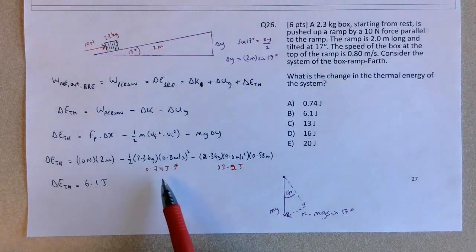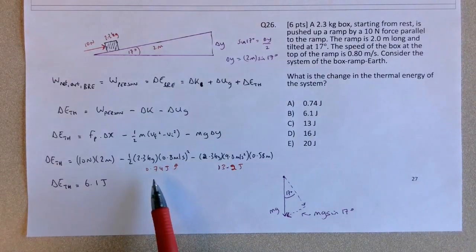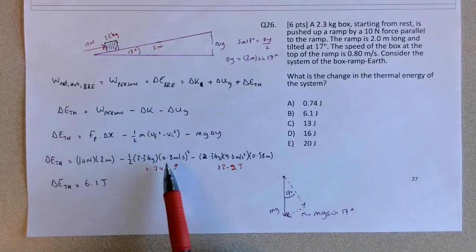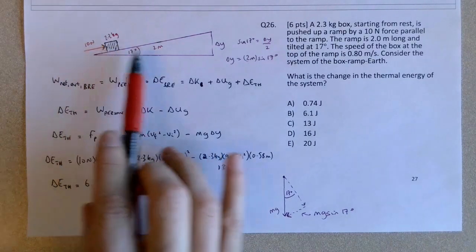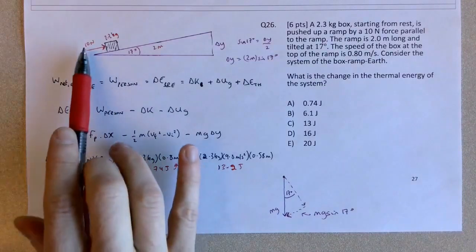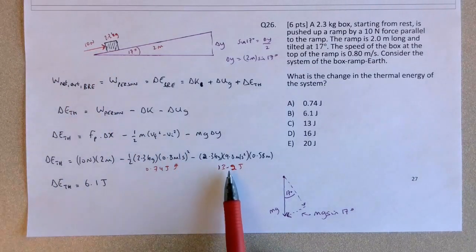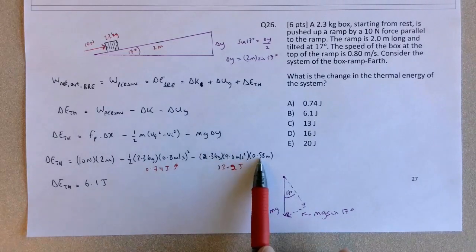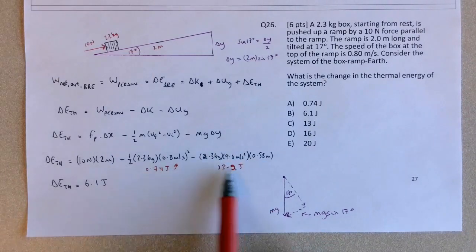Very little of that work is going into changing the speed of the block, going from rest to 0.8 meters per second. But they are moving it upwards in the gravitational field, so they're raising the block above the Earth, and that requires work. So a large amount of that 20 joules goes into just raising the height of the block by 0.6 meters.